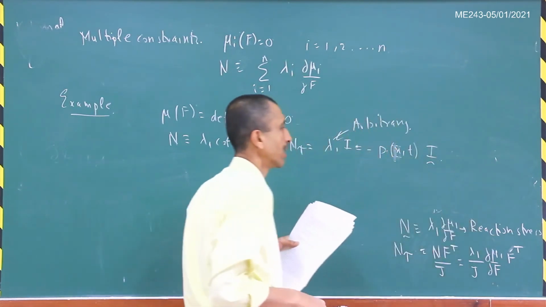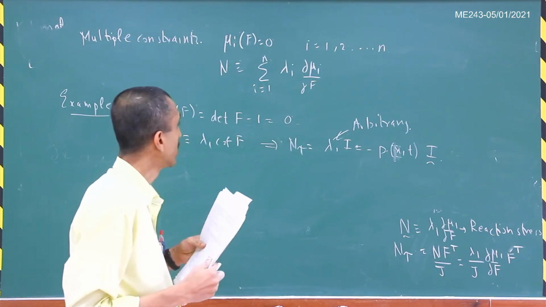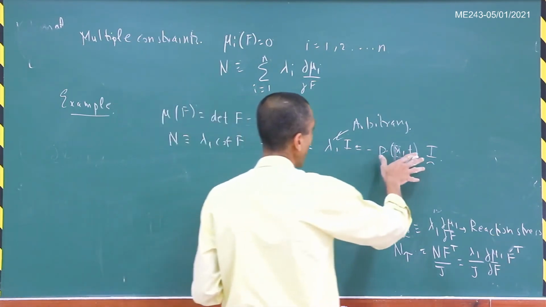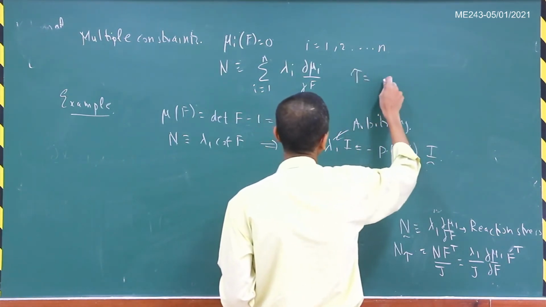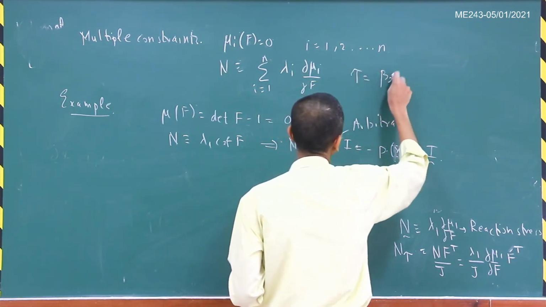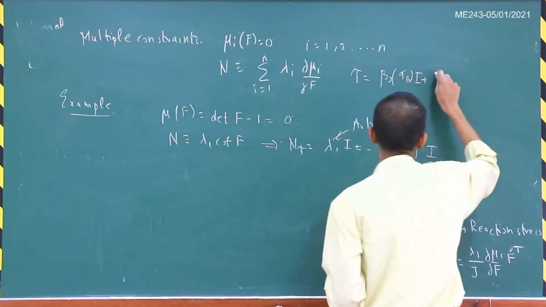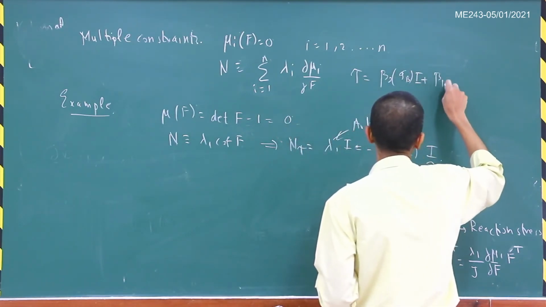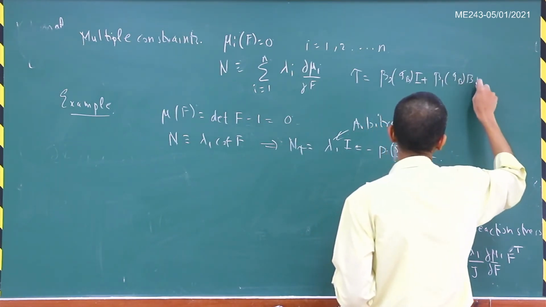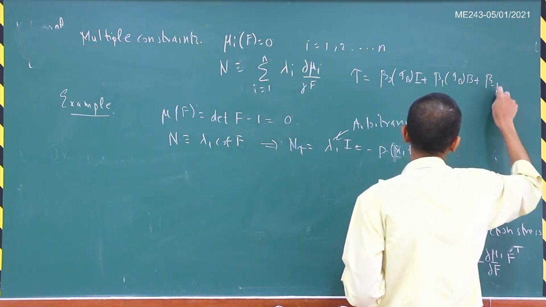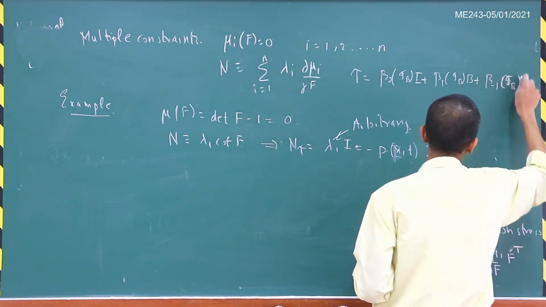So you can now add this reaction stress to the usual stress. Originally we had beta naught of the principal invariants times the identity plus beta 1 of the invariants of B times B plus beta minus 1 of the invariants of B times B inverse, right?